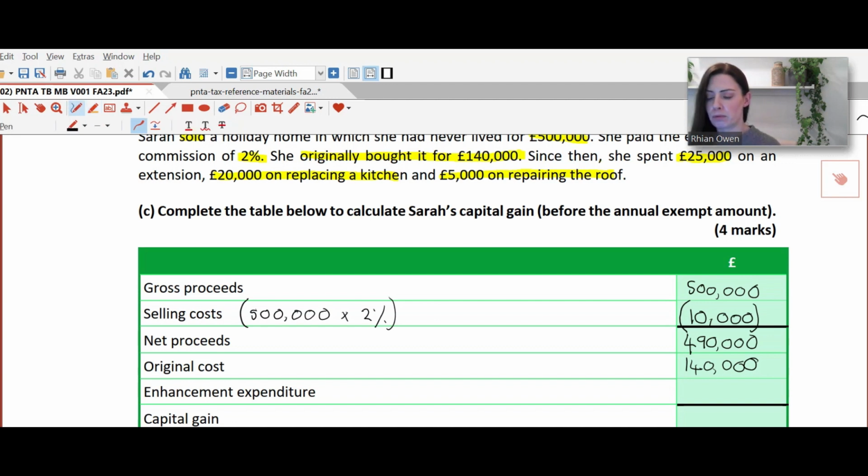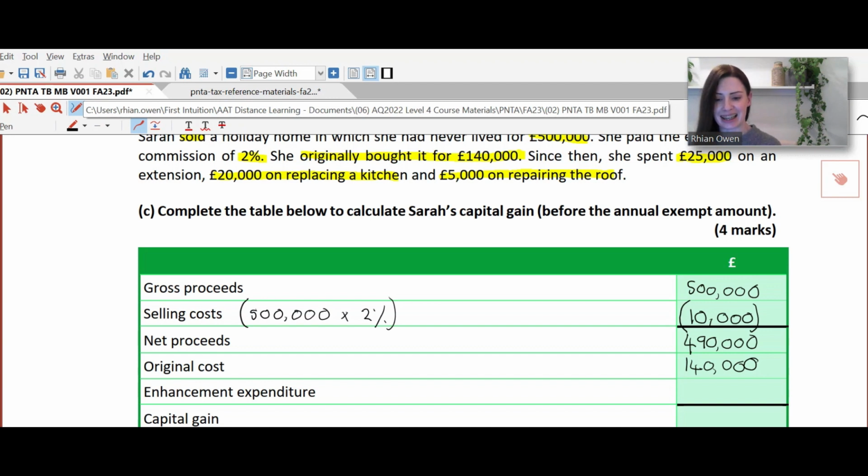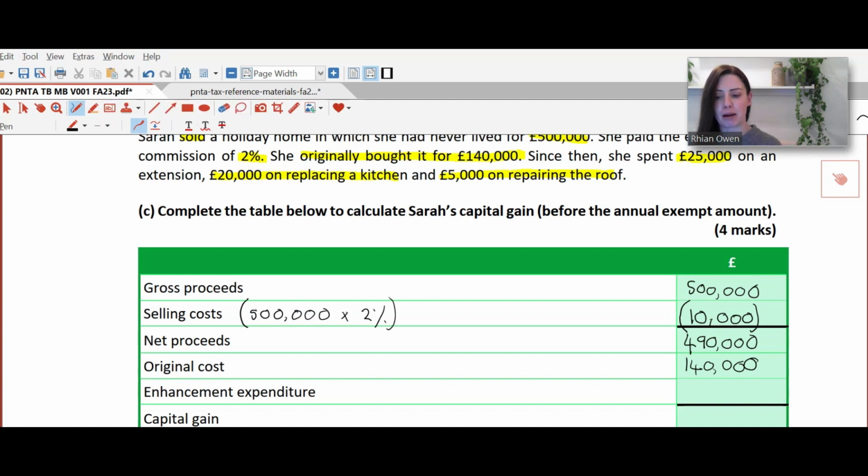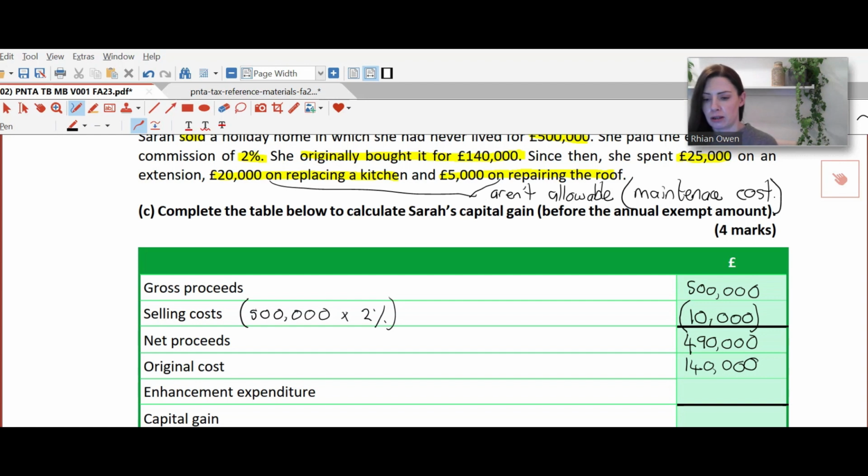Now, the £20,000 on replacing a kitchen and the £5,000 on repairing the roof, these two aren't allowable, and that's because they're seen as being a maintenance cost. So we would just put the £25,000 for the extension under there for the enhancement.